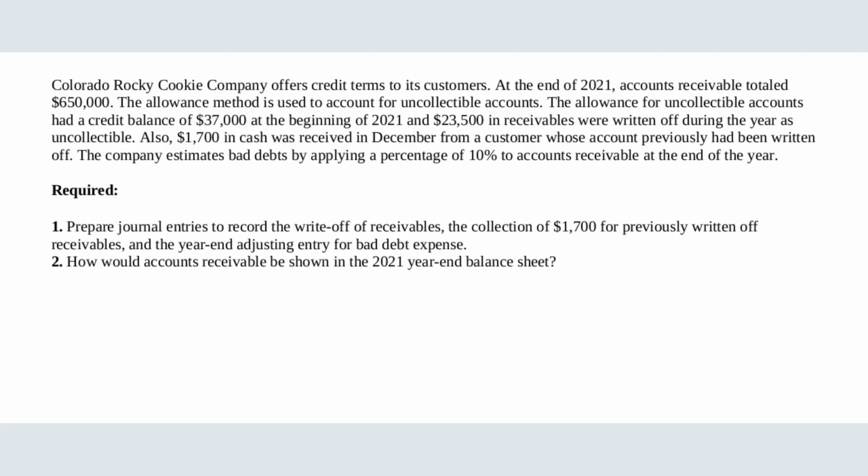Okay, bad times. All right, so maybe we can start with calculating the ending balance of our allowance for doubtful accounts, and we're told that is 10% of receivables, or 65,000, right? If my math is right.